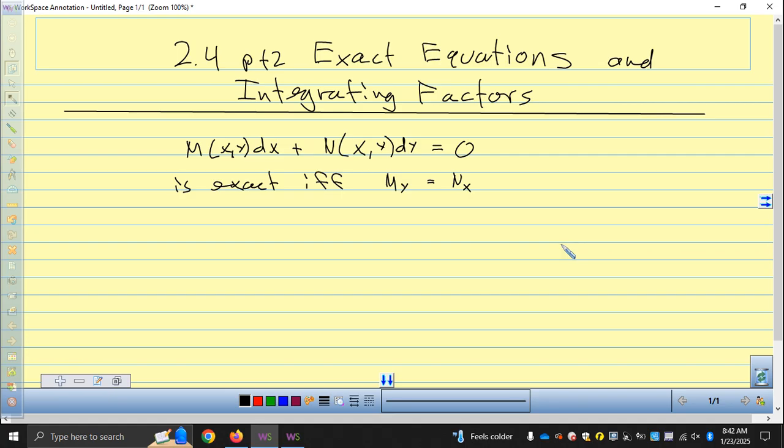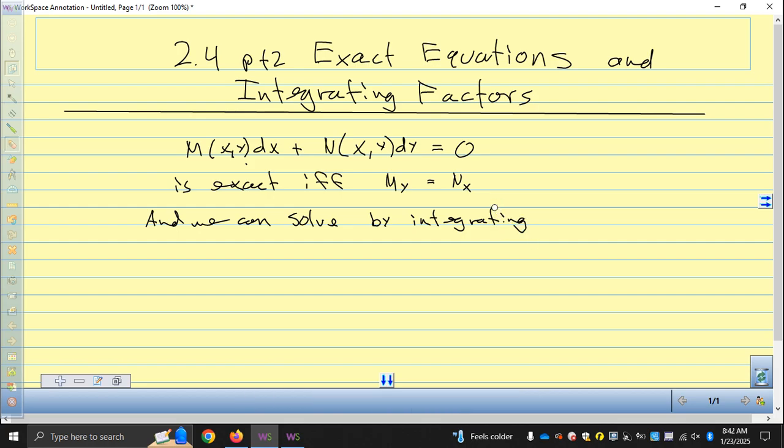So if it's exact, this is an exact differential, and these are the first partials with respect to x and with respect to y of some other function f of x,y. And we can solve this. So we integrate M and N with respect to the appropriate variables.